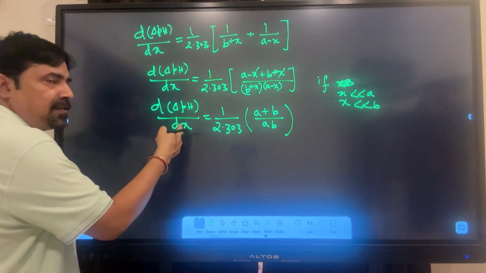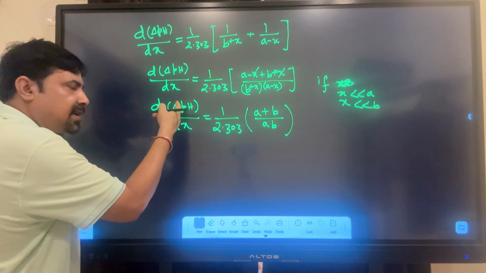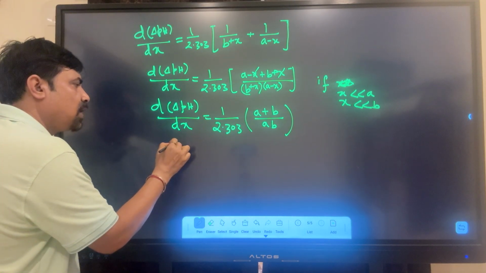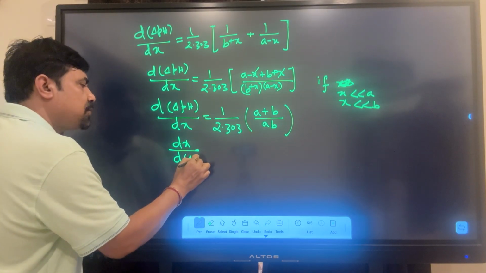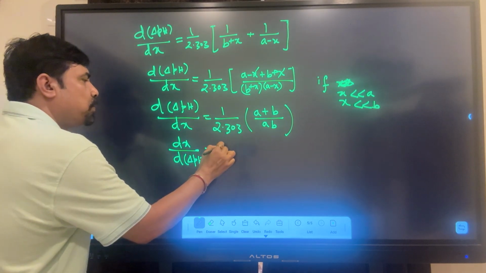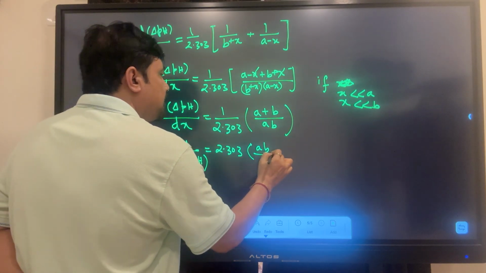Now these things if I change, that means denominator if you take in a numerator and numerator if you take in a denominator, then what I will get, dx by d of delta pH, which will be equals to 2.303 ab by (a plus b).